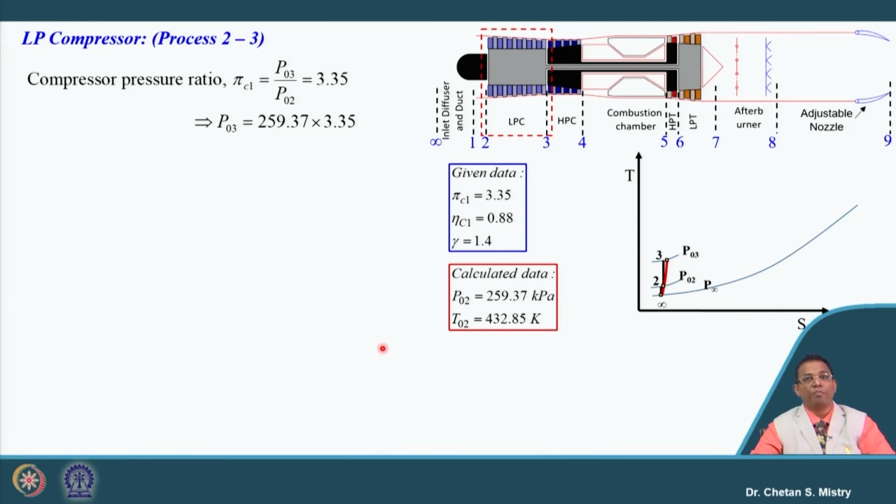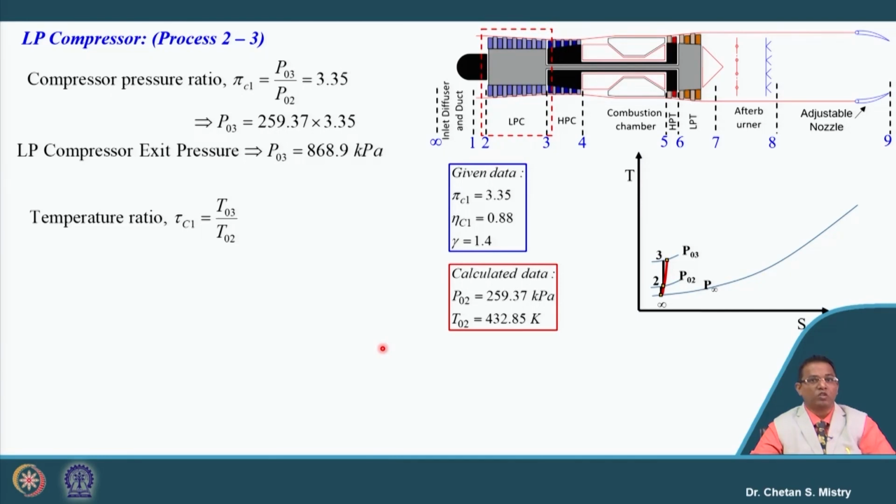Okay. Now here in this case let us do the calculation for the LP compressor. Say for the LP compressor the pressure ratio is given as 3.35. We can do our calculation for the LP compressor exit pressure. So this exit pressure is coming 868.9 kilopascal. Since we know our efficiency, based on that efficiency we can correlate efficiency and pressure ratio to calculate the temperature ratio.